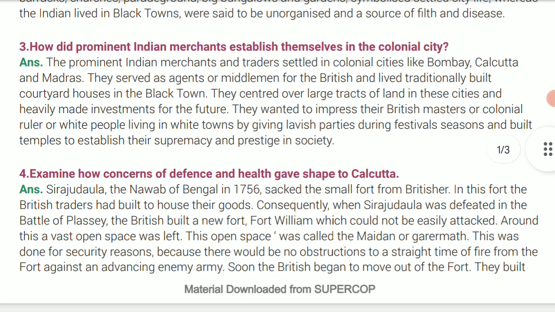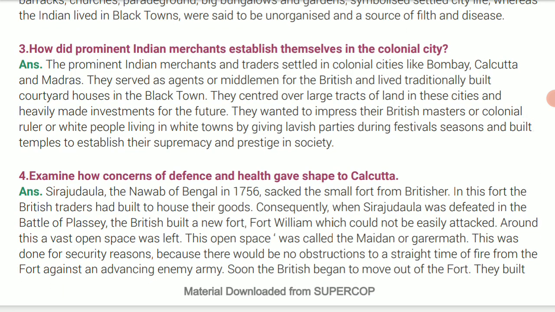They bought large tracts of land in their cities and made heavy investments for the future. They wanted to impress the British masters, or colonial rulers, living in the white towns by giving lavish parties during festival seasons and building temples to establish their supremacy and prestige in society.